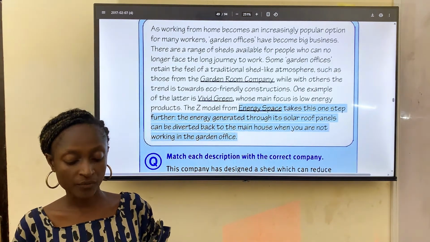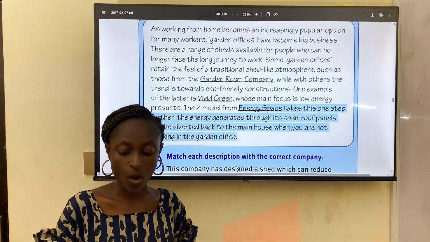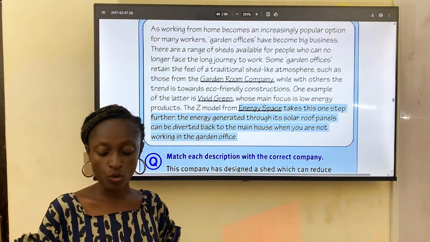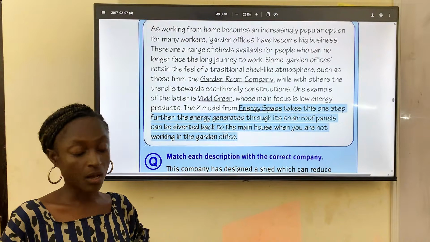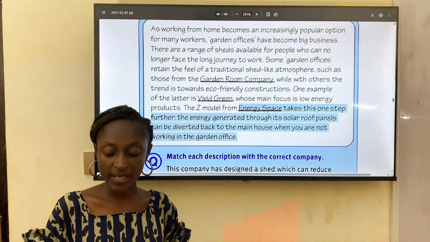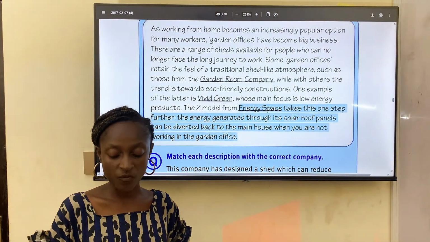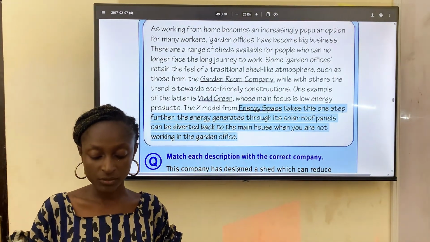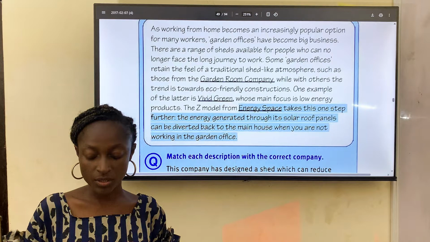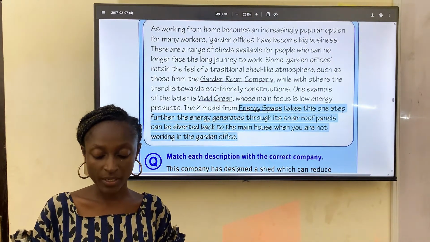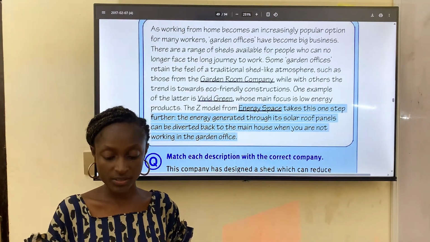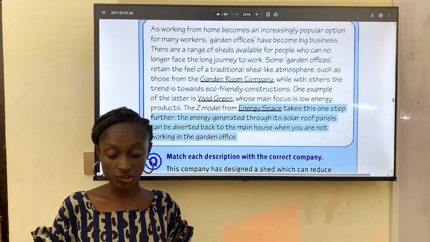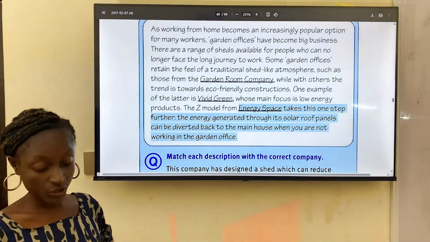One example of the latter is Vivid Green, whose main focus is low-energy products. The Z model from Energy Space takes this one step further. The energy generated through its solar roof panels can be diverted back to the main house when you are not working in the garden office. Now that's the passage I just read. So let's look at the question.